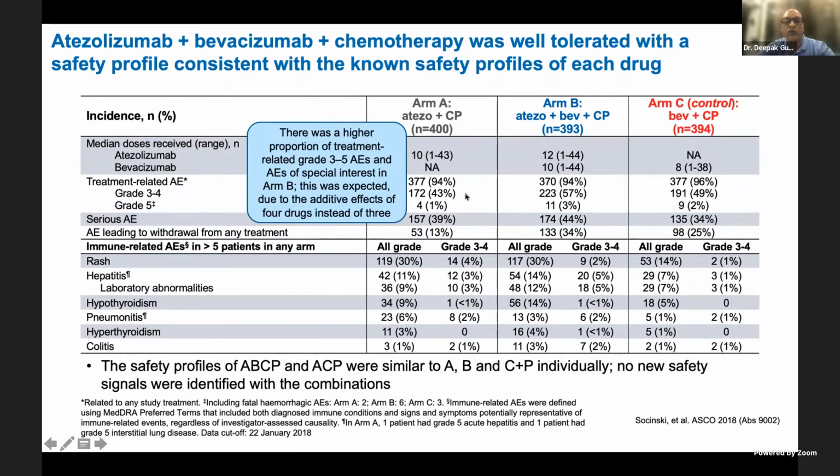Grade 3 and 4 toxicities were 57% in arm B as compared to 49% in arm C, and serious adverse events of special interest were 44% and 34%. Immune adverse events were rash, hepatitis, hypothyroidism, hyperthyroidism, and pneumonitis, which were commonly seen. But no new safety signal was identified after combining with BCP.